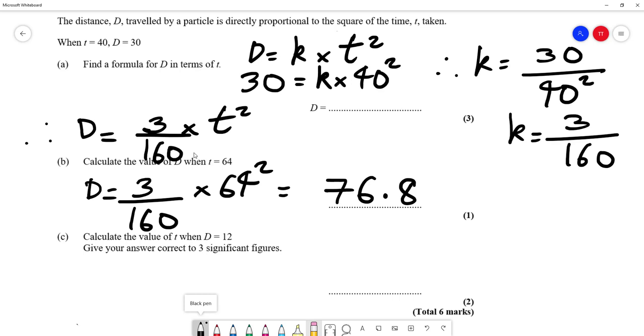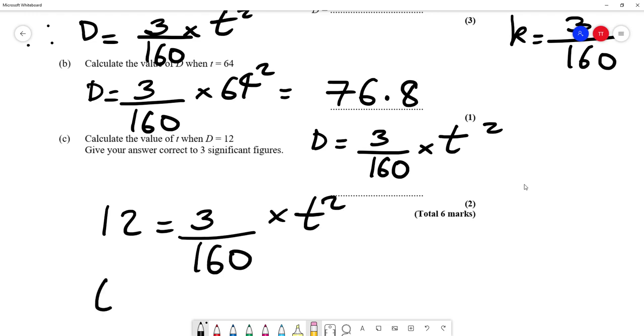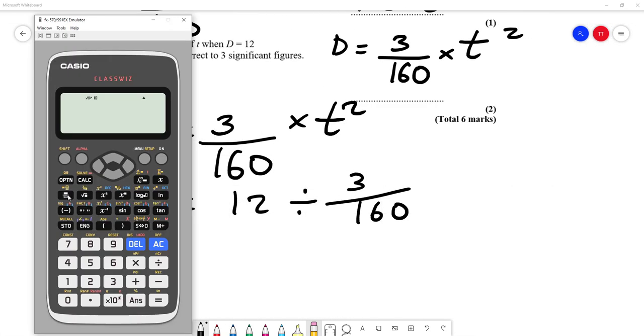Then you want to work out t when d is 12. So we say d is 3 over 160 times t squared. Don't forget, give your answer correct to 3 significant figures. So now we can substitute the value in. 12 equals 3 over 160 times t squared. So t squared is going to be 12 divided by 3 over 160. We could type that into our calculator.